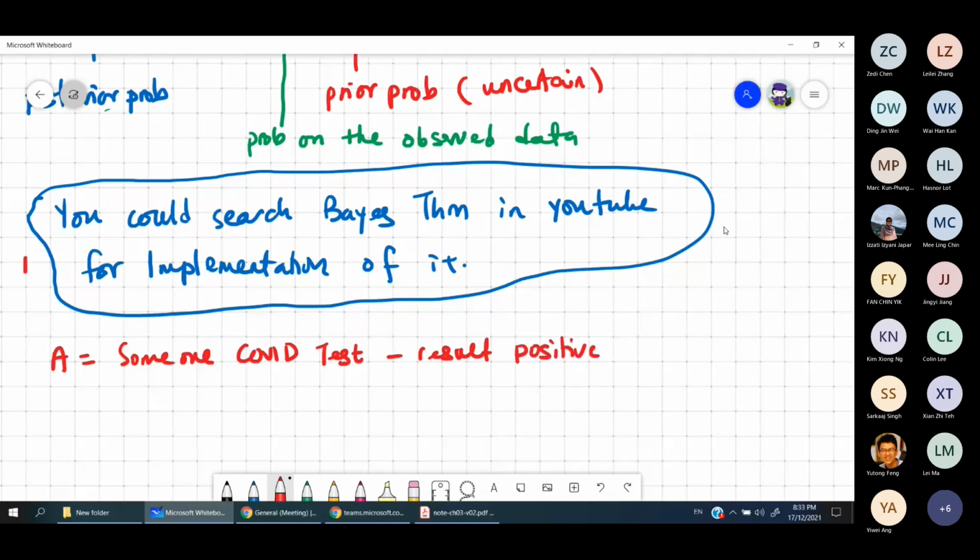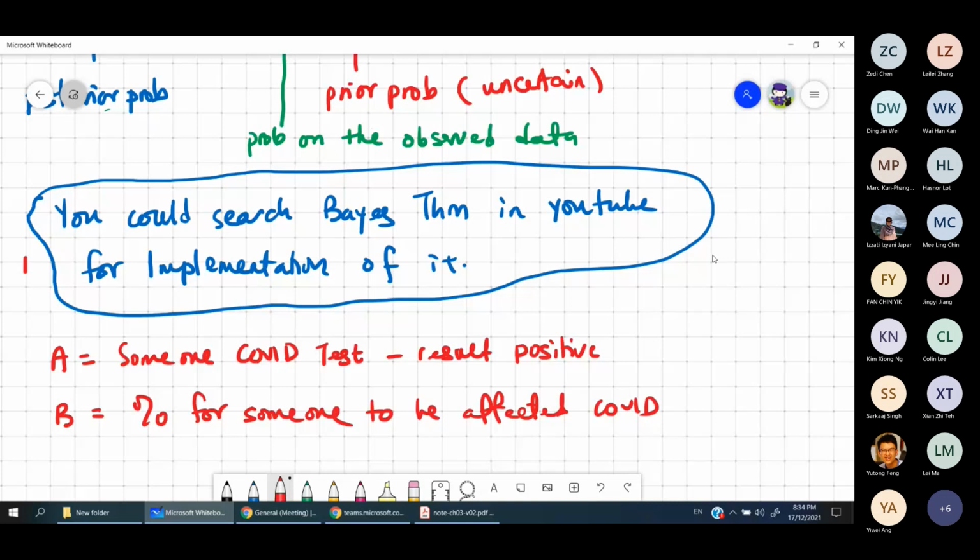Let's say that is B. So this is the chance, or the percentage, for someone to be affected by COVID. Just for example.